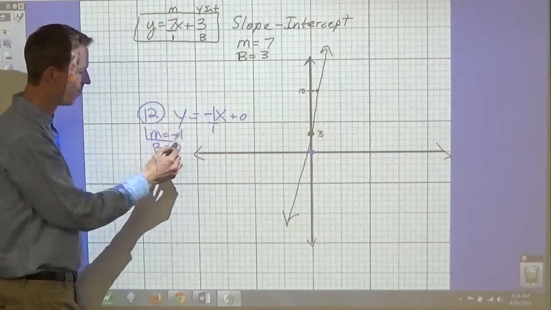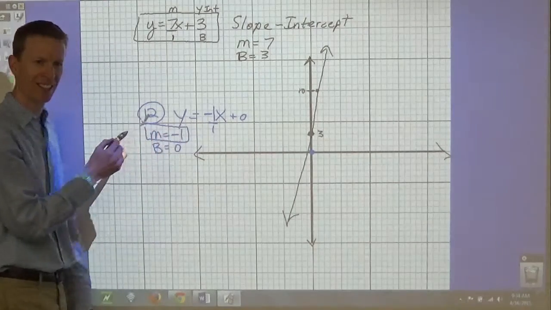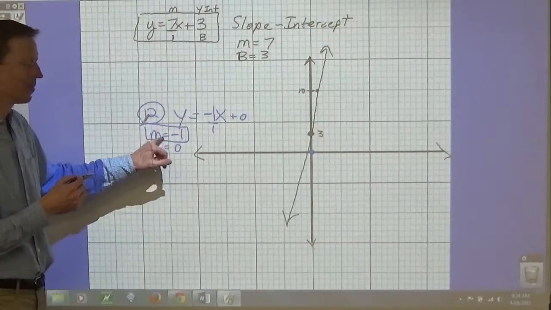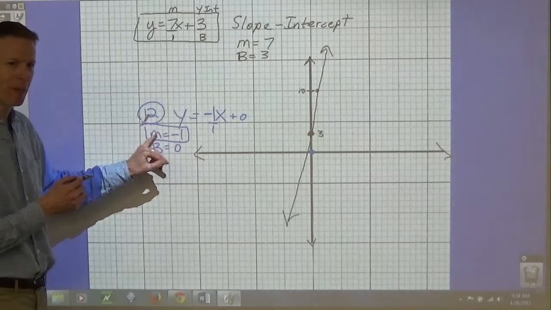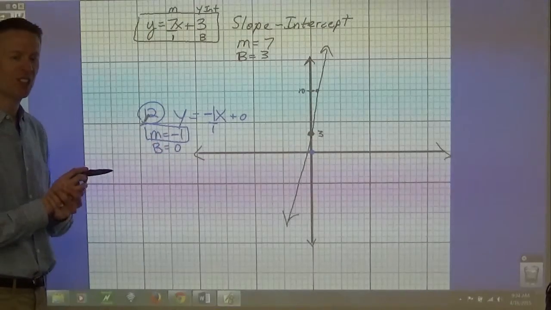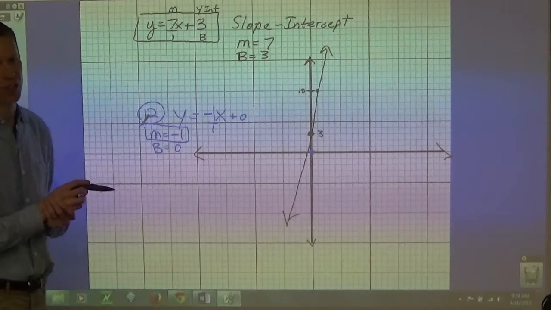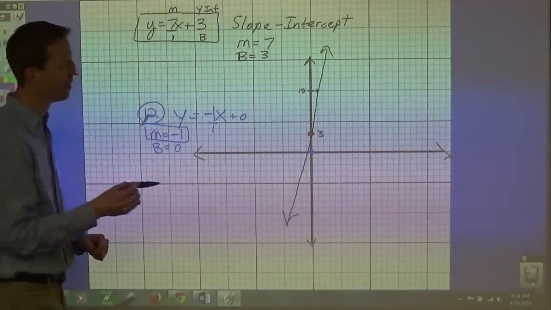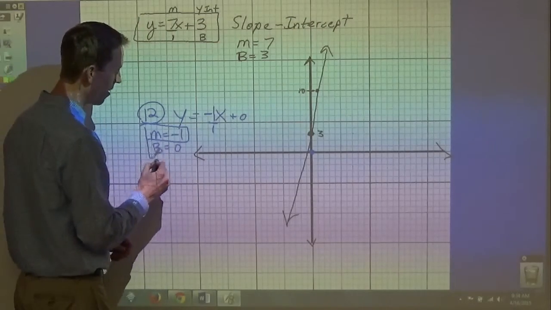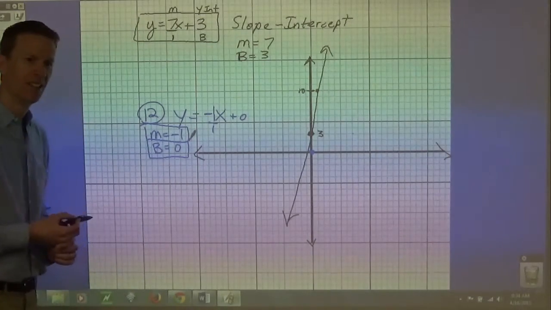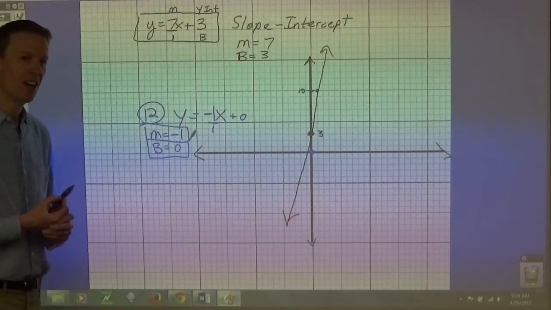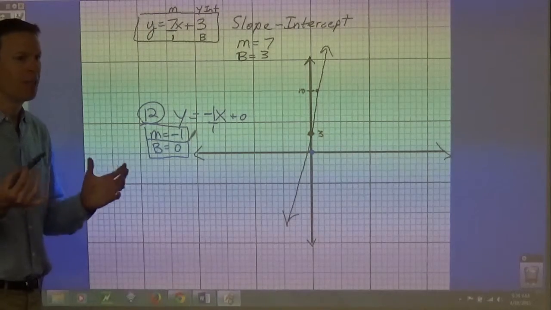No. Are you paying attention? I saw the 3 and I thought, no. Pay attention here. You're not looking up here. What is the slope? Negative 1 over 0. Negative 1. It can't be over 0. Over 1. Over 1. What does the b mean?